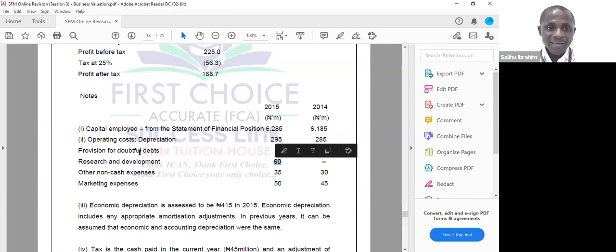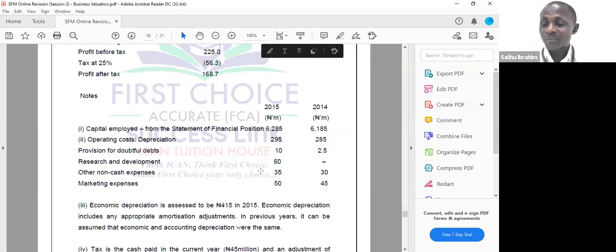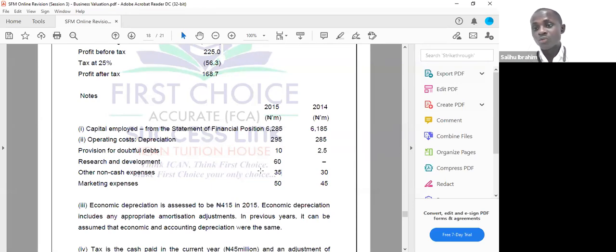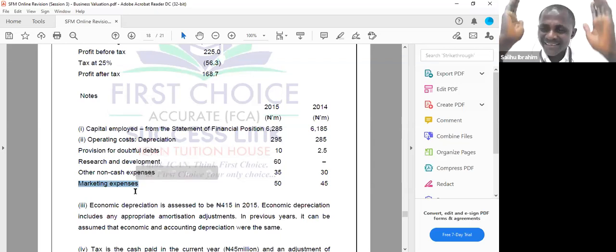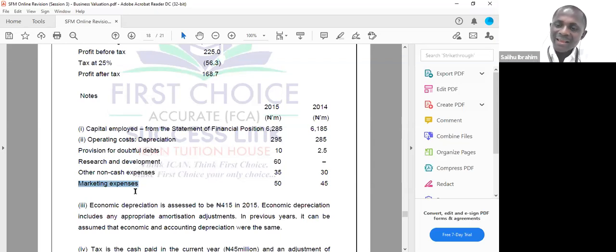That is that. Now, other non-cash expenses, 35. Part of the adjustment we discussed, Abi, it is a non-cash expense, so you have deducted it. What do you do? Add it back. The marketing expenses, I also explained the same thing. You can see that all the adjustments are already here. That's why I say EVA is the cheapest question you can solve in your exam and get the cheapest mark.